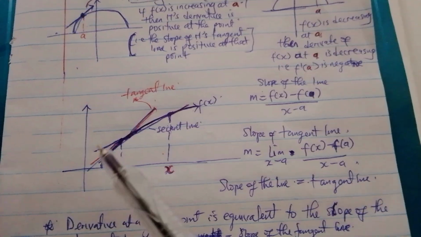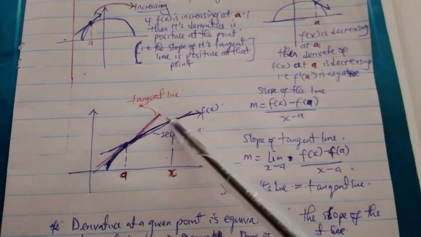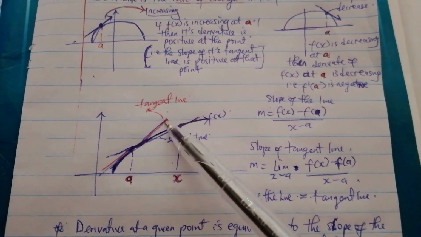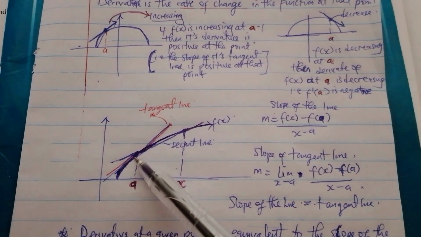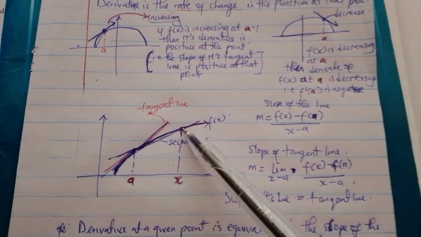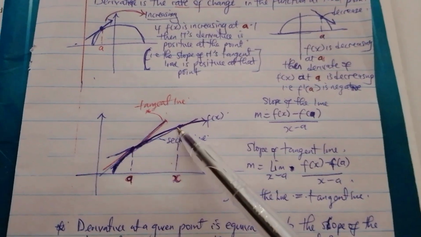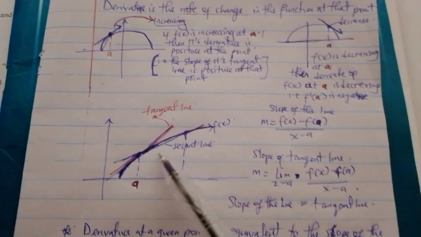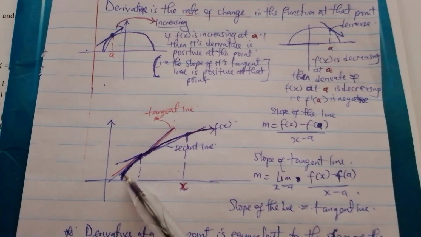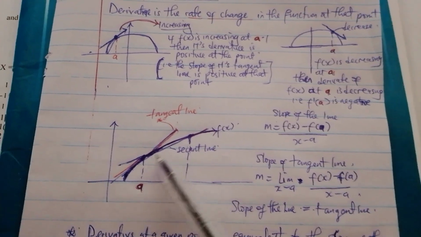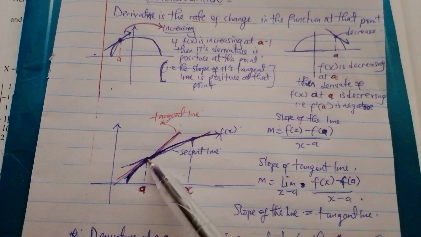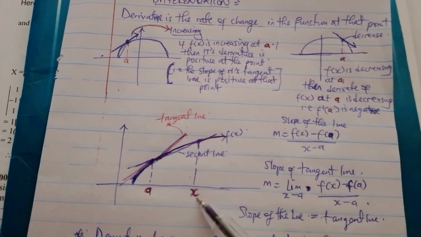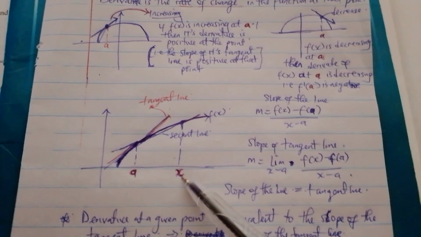Looking at this function f of x, we have a tangent and we have a secant line. This secant line is just like the slope of a line. On this curve, we have 2 points: point A and point X. I want to use them to explain the concept of derivative.